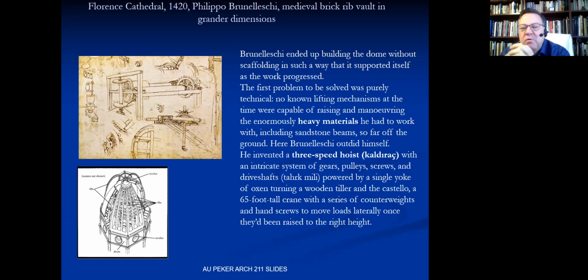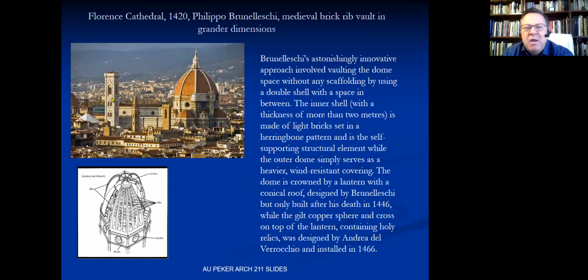Invented by him, it provided that the material be lifted up and used for the construction of the dome. So the first invention to realize this dome was to build a three-speed hoist instead of a scaffolding system in order to send material to the top.